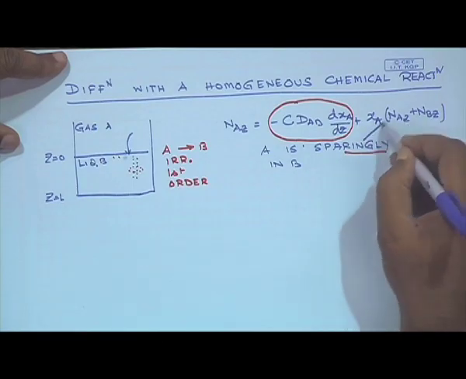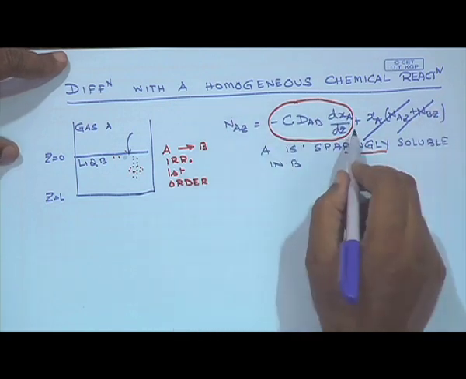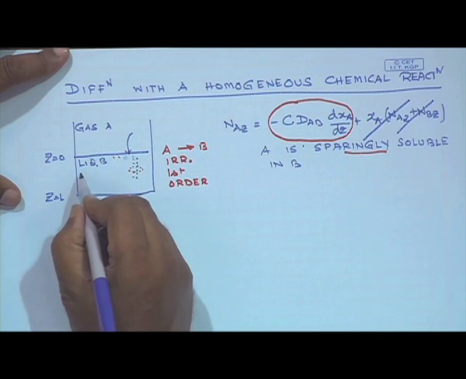There is no convection. So, the second term of this equation can be neglected and N_Az is simply going to be minus C D_AB dx_A/dz.